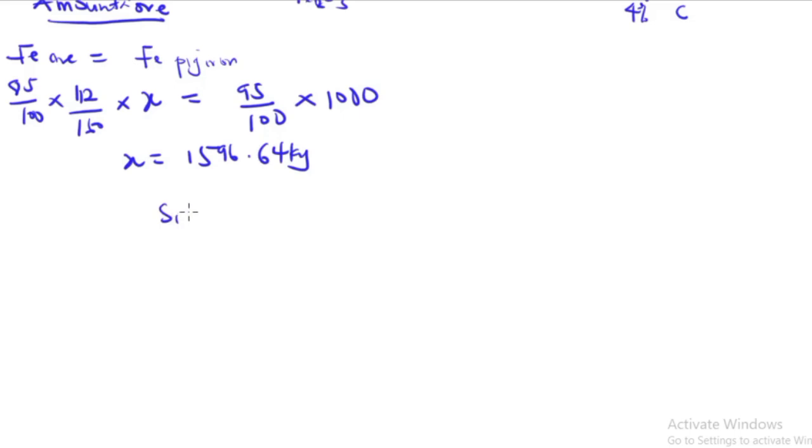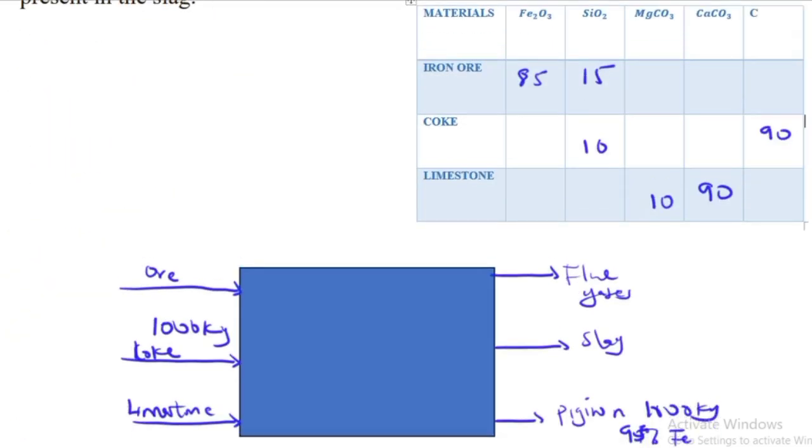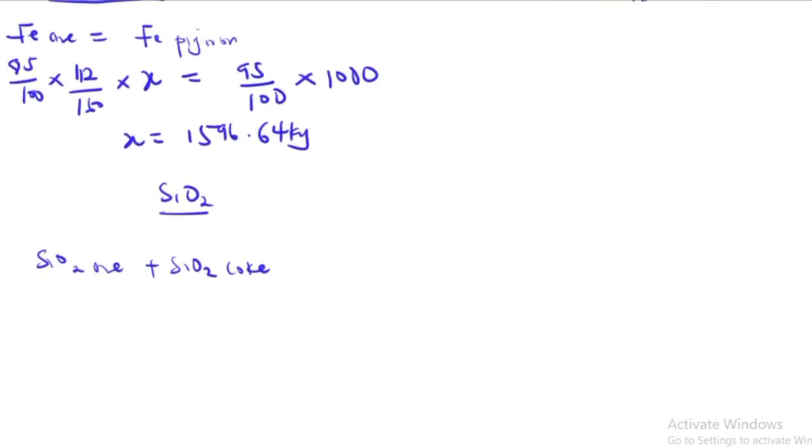Finding the slag from the silicate balance, we know that there's silicate in the ore, plus we have another silicate in the coke. You can see that, and then we move on.